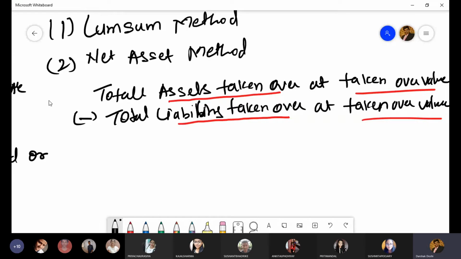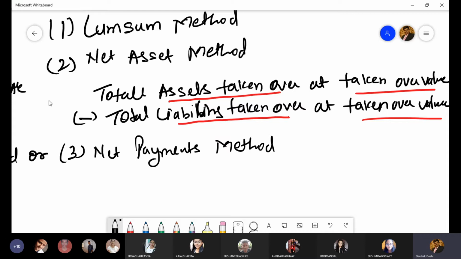Number three you have is the net payments method. Under the net payments method, you will get to know how many shares are given to whom, in what ratio they are given. Like say for example, for every 3 shares held, 2 shares will be given. In other words, for every 3 equity shares held in the vendor company, 2 shares of the purchasing company will be given.